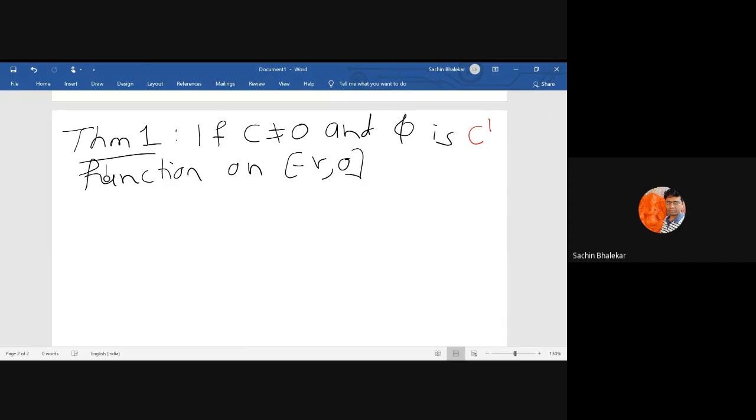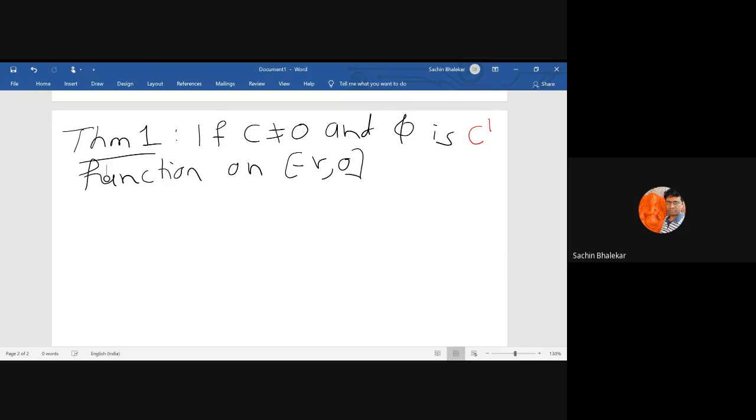You can compare this with the previous section. In the previous section, our initial data phi was assumed to be continuous. So continuity of initial data phi was sufficient. In this case, we need C1, continuously differentiable, because there is a delay in the derivative also.